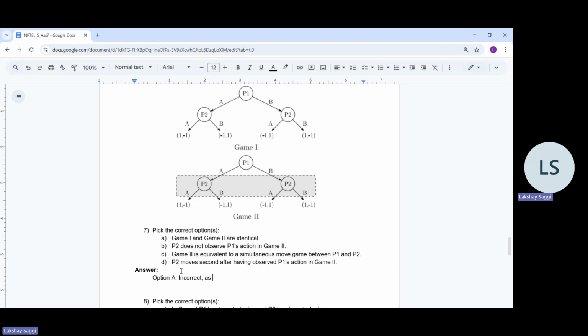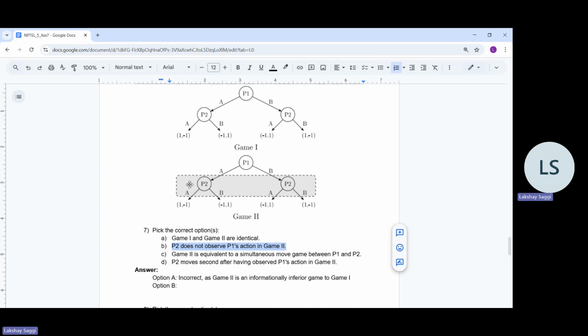As game two is an informationally inferior game, because game two has less information, it's an informationally inferior game to game one. So option B says P2 does not observe P1's action in game two.